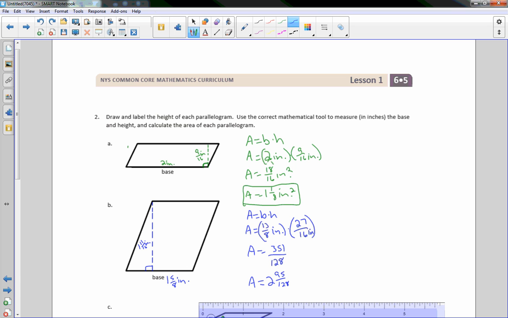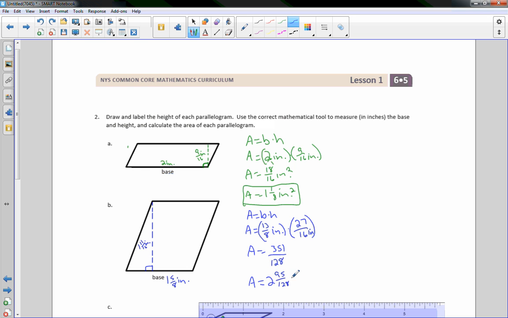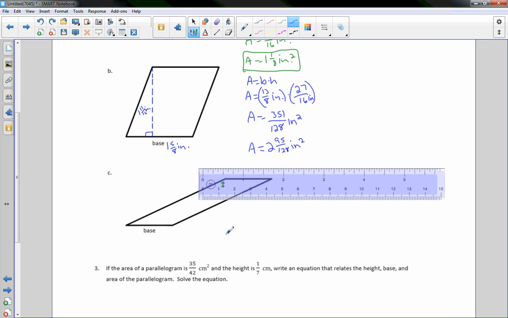So I'm just going to check one more time to see if 95 divided by 128 will reduce. And it does not. Okay, so that was a really odd value simply because of my ruler and my scale. Yours probably come out better than this, but I need to remember that that is inches times inches or inches squared. So it's 2 and 95/128 inches squared. Okay. Again, it's not the value we get, it's the procedure.